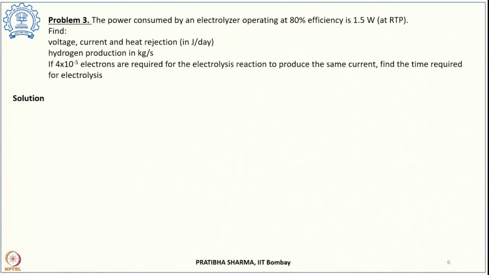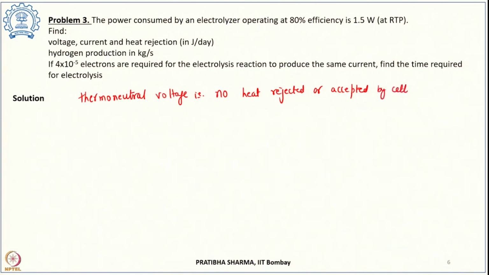Now let us consider the thermoneutral voltage. We have studied during the course that this is the state where there is no heat rejection or acceptance. So when it is the thermoneutral voltage, there is no heat rejected or accepted by the electrolytic cell when it operates at this voltage.